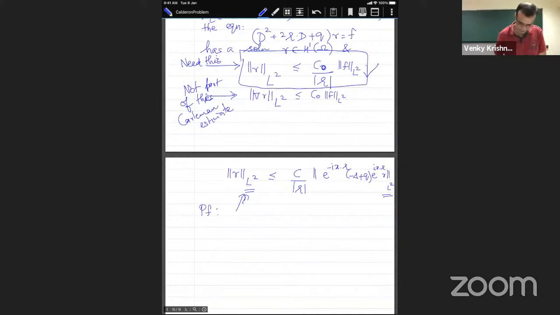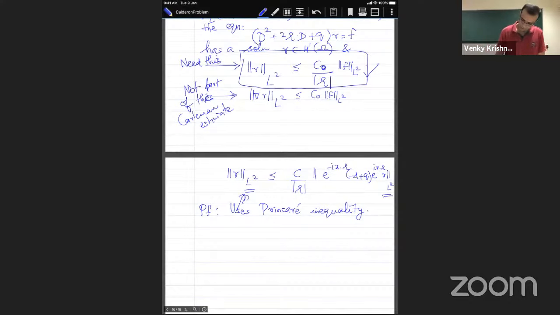The proof is not very hard. It just uses Poincare inequality. Actually, the proof is easier because you have this x dot zeta, which is a linear weight, right? So when you consider the L2, right?